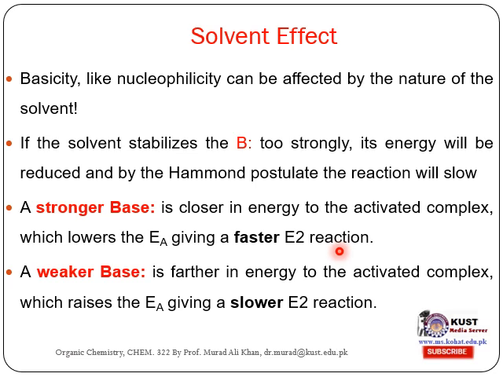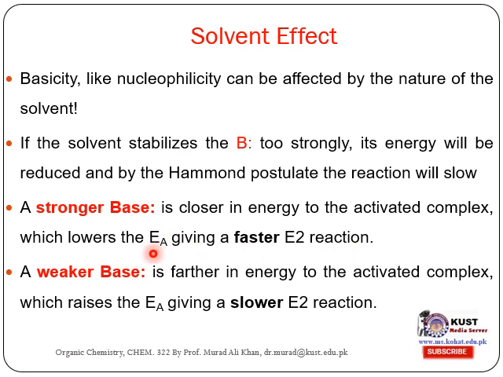Like in the previous lecture, we have seen that the stronger bases were up and closer to the activated complex. When they are closer to the activated complex, the activation energy will be lower. A lower amount of energy will be required to get to the activated complex, and the reaction will be faster.